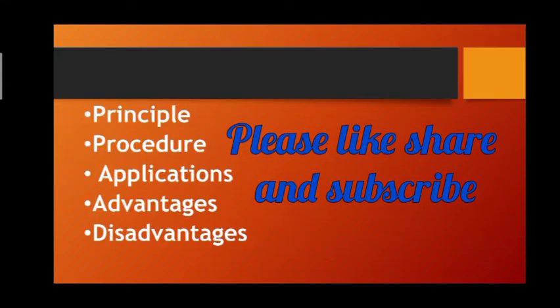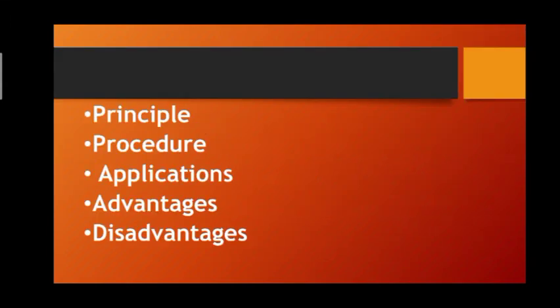In this video, I will cover the principles of reverse transcription PCR, the procedure, the applications, and the advantages and disadvantages. This RT-PCR or reverse transcription polymerase chain reaction is one of many variants of polymerase chain reaction.